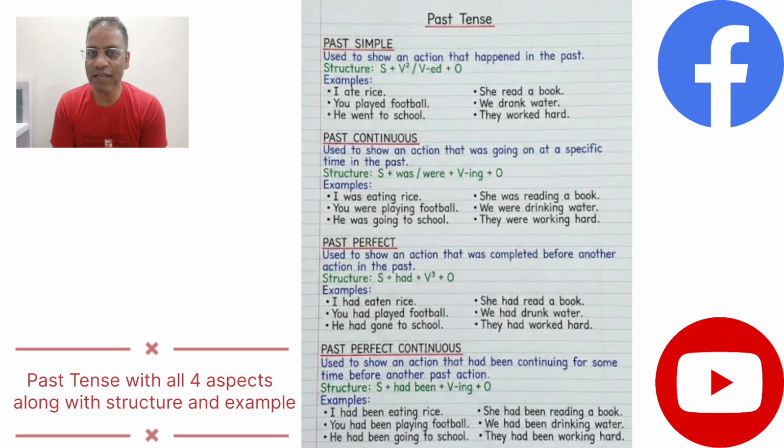As you know, dear audience, in our last sessions we talked about present tense along with the sentence structure, sessions 1, 2 and 3, and then the revision of all three sessions. And this time in this session we'll be talking about the past tense for all four aspects: past simple, past continuous, past perfect and past perfect continuous.